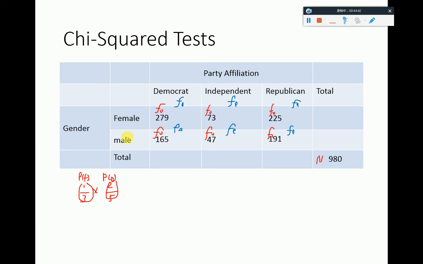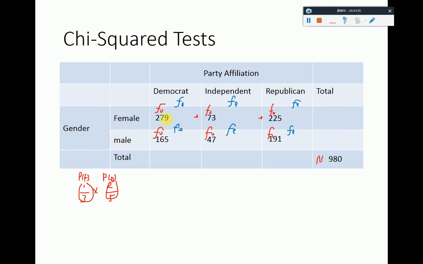No, the rest are males. So this row represents males, and this row represents the females. That means the total number of females in the sample will be to add these three numbers together, to sum them up.